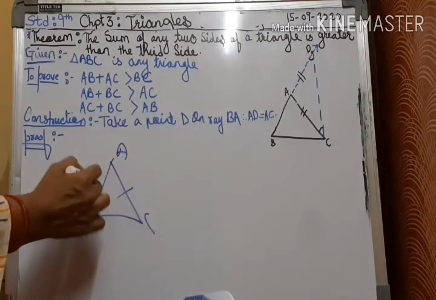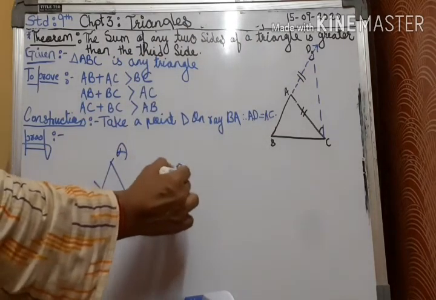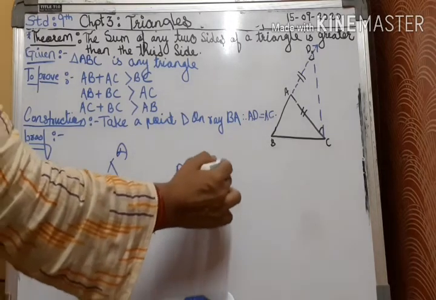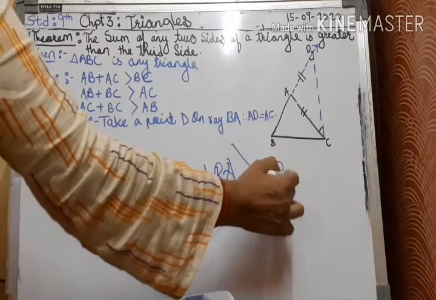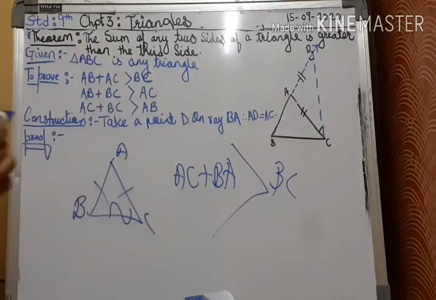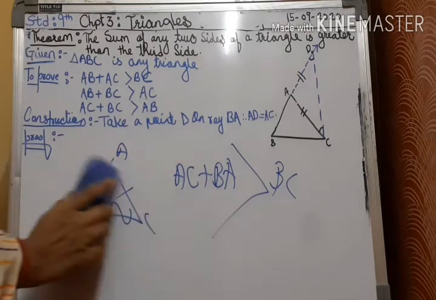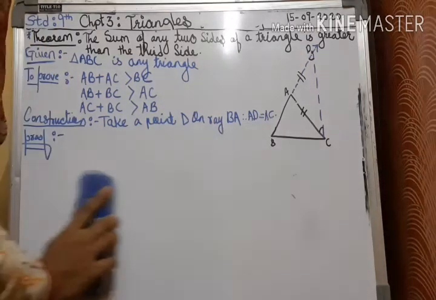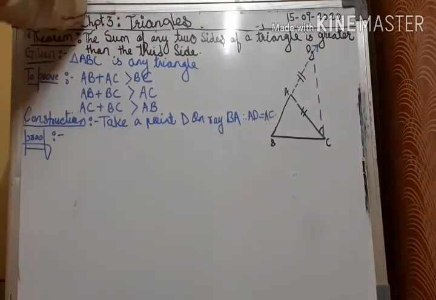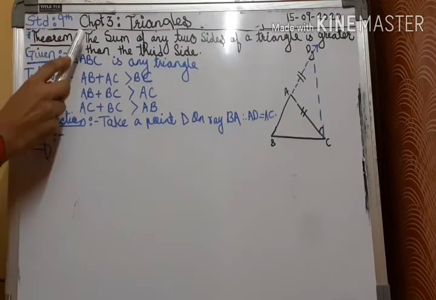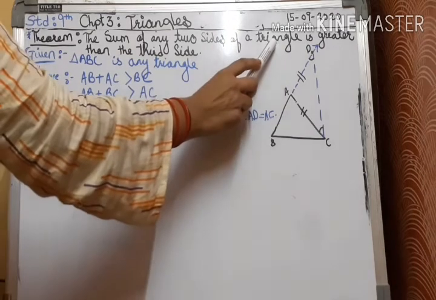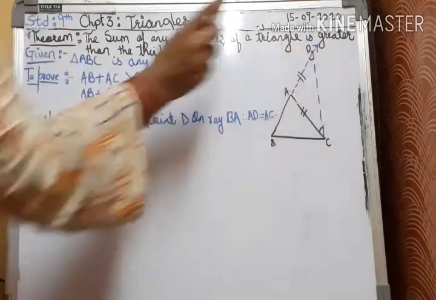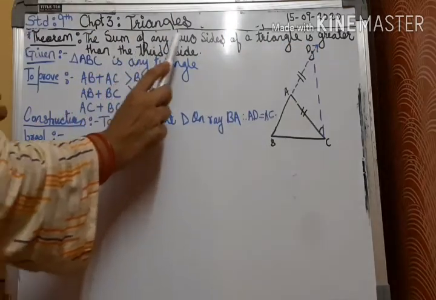So we will take AC and BA. So AC plus BA is always greater than BC, the remaining side. So this thing we want to prove in this theorem. This is the statement: the sum of any two sides of a triangle is greater than the third side.